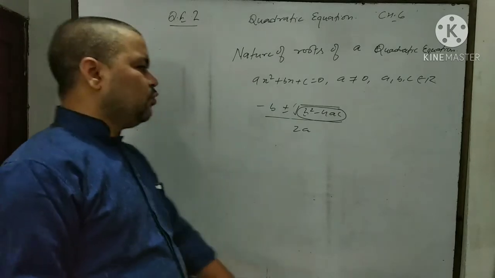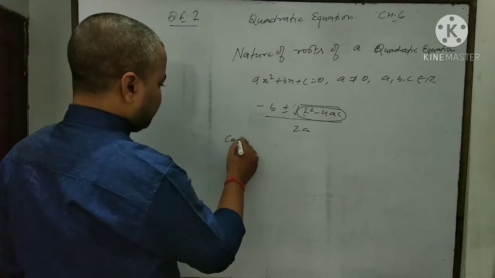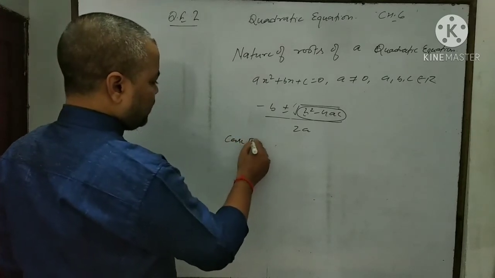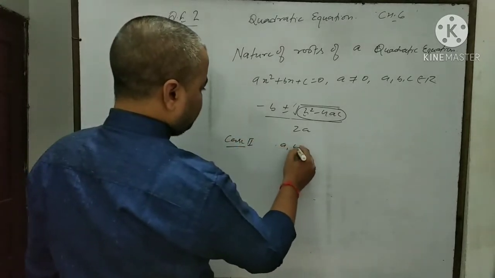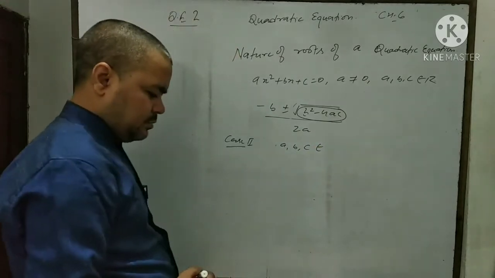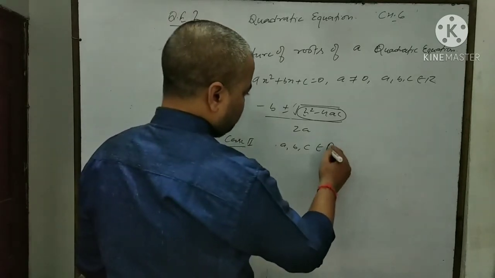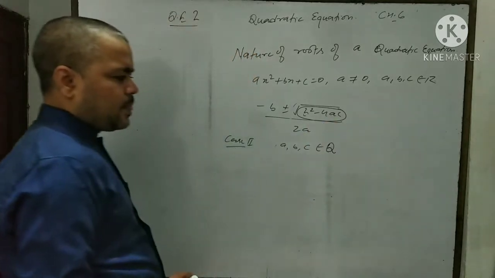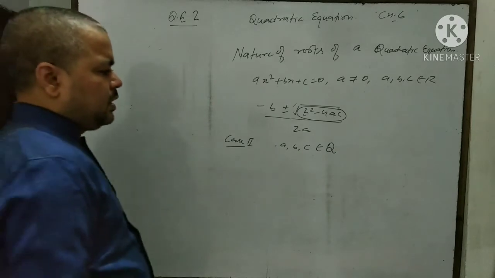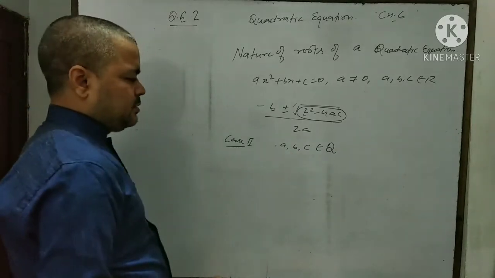Now we will discuss the condition. Case second: when a, b, c belong to rational numbers, simply we can say Q. Q means rational numbers and Q bar means irrational numbers.